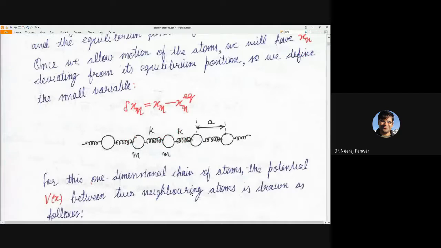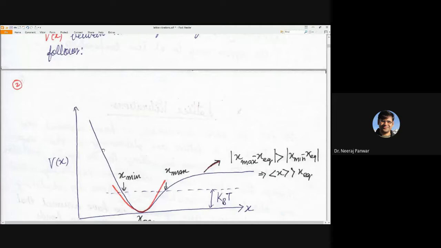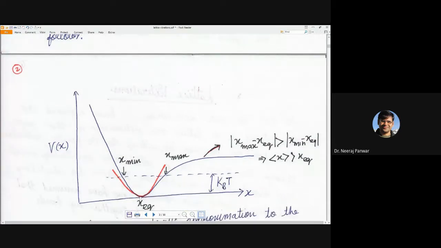So for this one-dimensional chain of atoms, we can plot the potential energy, given by V, and you have seen that it varies like this when we bring two atoms together and form a bond. So this x equilibrium is known as the bond length, and it is the equilibrium distance.